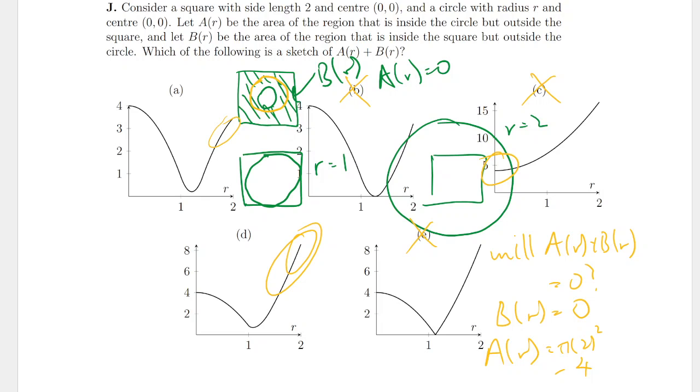So 3 and something times 2 squared is like 12 and something, and 12 and something minus 4 is 8 and something. So when r is 2, the function A(r) plus B(r) is 8 and something, which corresponds to D. A is a bit too low. A doesn't rise quick enough. So the correct graph is D.